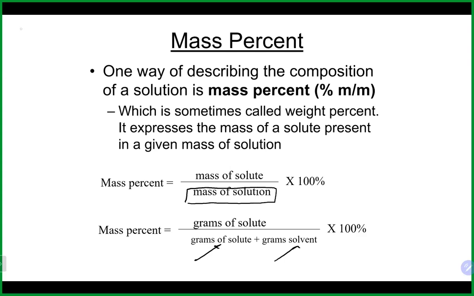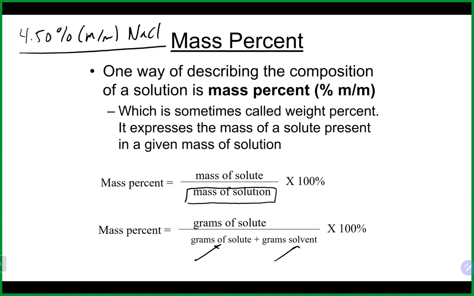If you had a 4.5% by mass sodium chloride solution, for example, if you're given the percentage, you can convert it into a conversion factor that you could use. The simplest thing to do when you have a percentage is to assume that you have 100 of something, and that keeps the number basically the same.